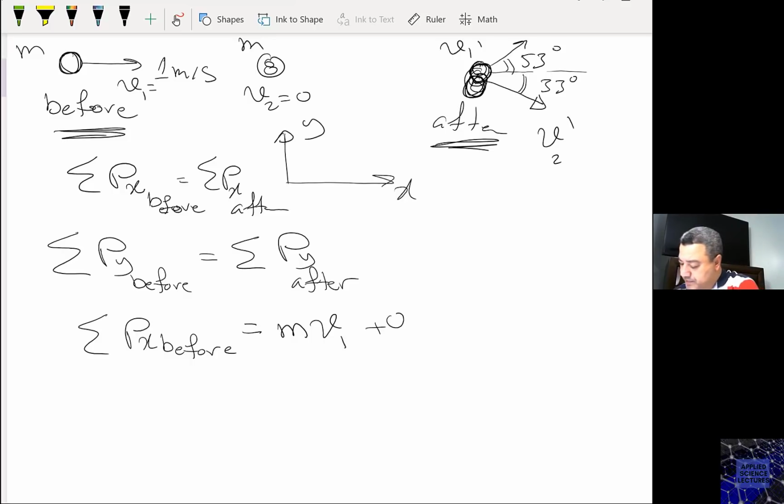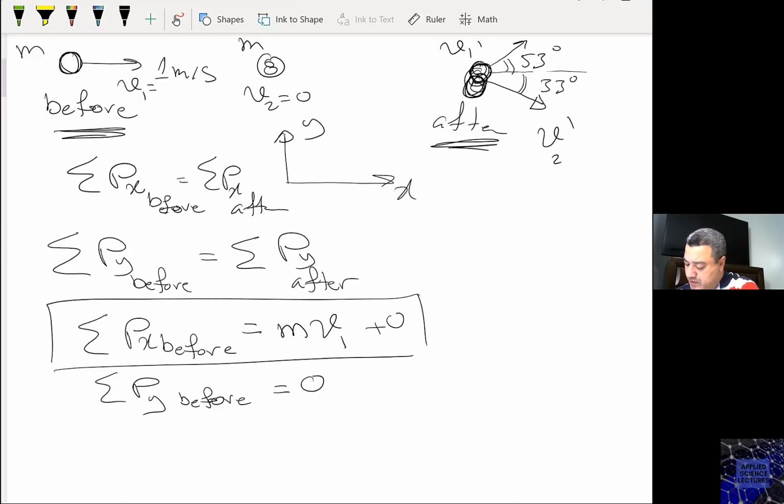So this is the sigma px before. What about the sigma py before? It's 0. Why? Because I don't have a velocity along the y-axis. Now I'm done with the before.